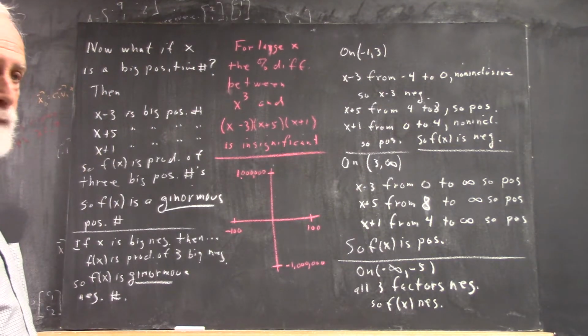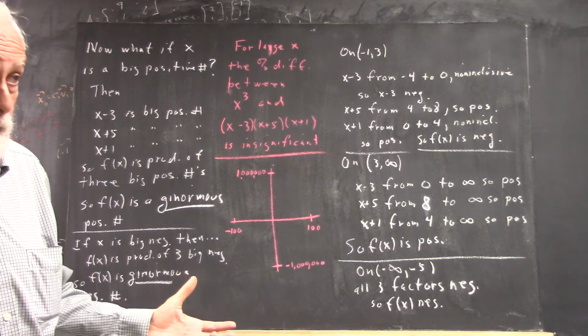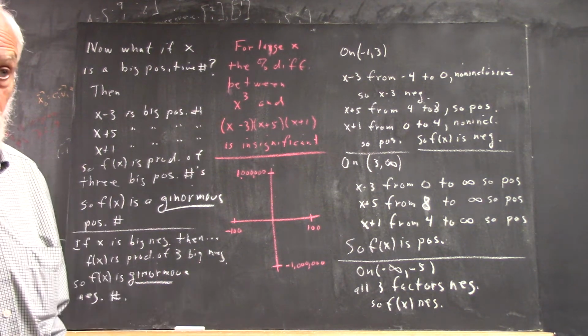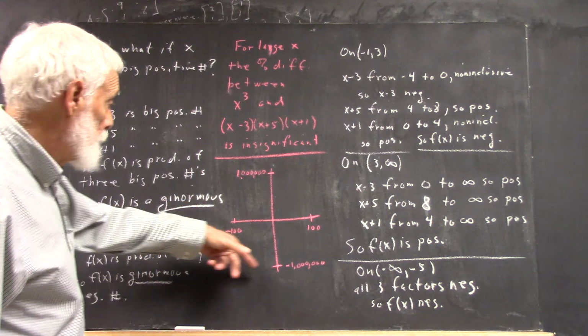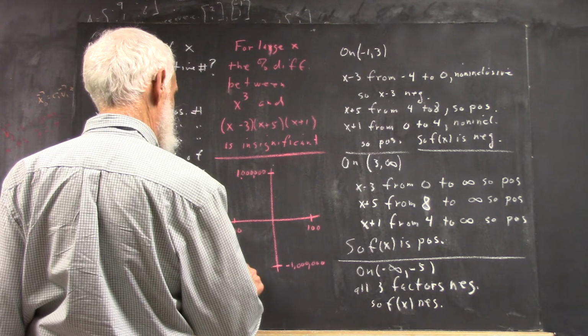It's going to have the same shape as your x cubed graph. It's going to look exactly like your x cubed graph, except you're going to have these numbers instead of the numbers that you're used to. So the graph is going to look like this.